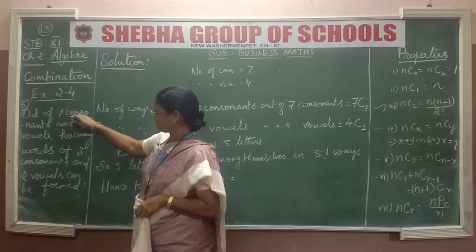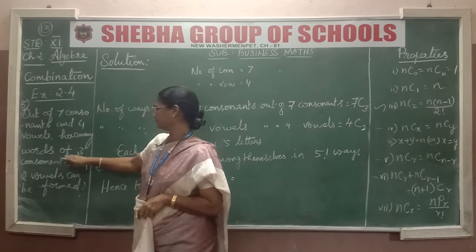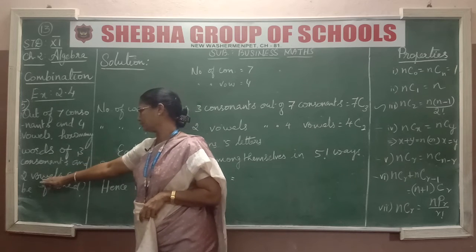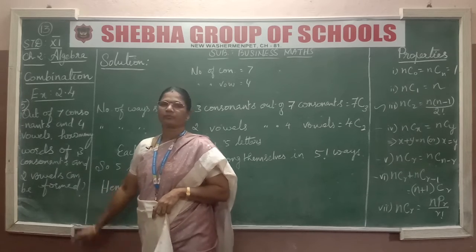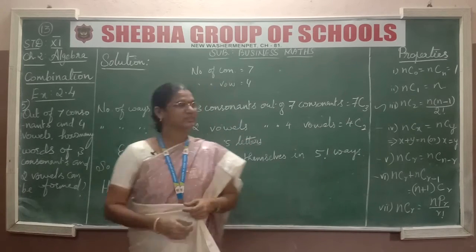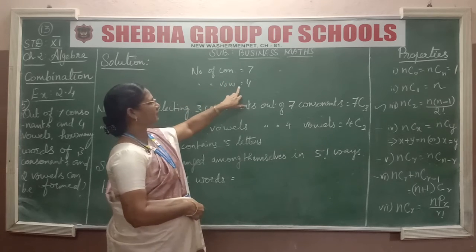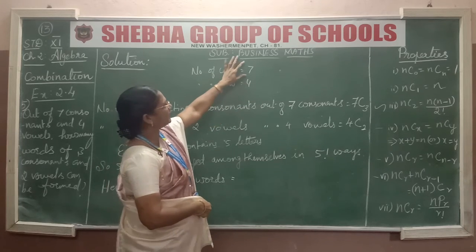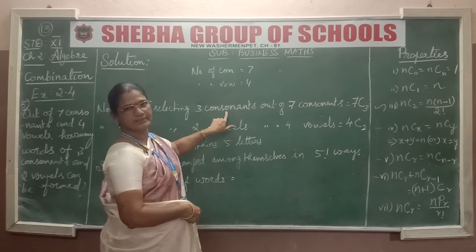Next let us see the fifth sum. Out of 7 consonants and 4 vowels, how many words of 3 consonants and 2 vowels can be formed? Listen, total number of consonants is 7 and total number of vowels is 4. Among 7 we can take only 3 consonants.